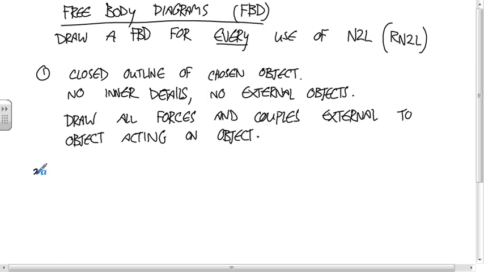Now there are some rules about how to represent these forces and couples.